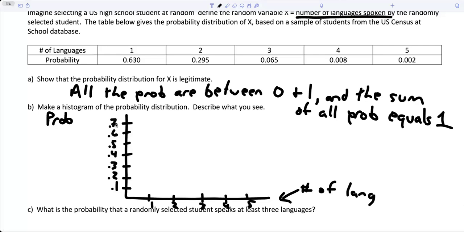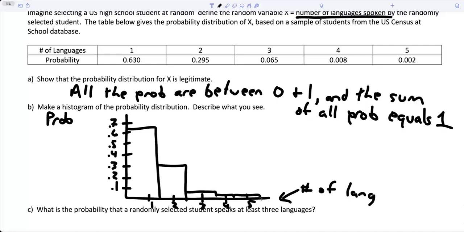And then I'm going to use the probability distribution to fill those out. So this was 0.63. Then almost 0.3. And then like that. And then these are very small. Something like that.